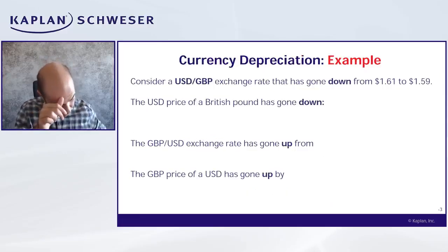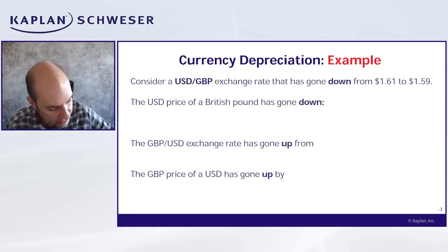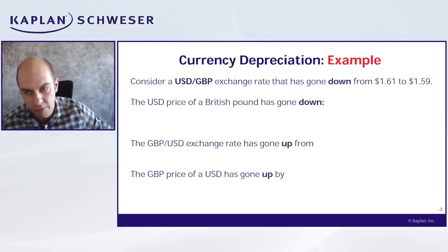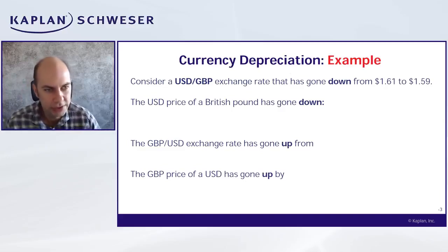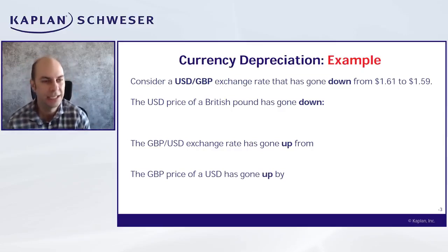Okay, now let's have a look also at HPR, the holding period return, or how we're going to calculate the movement in an exchange rate. I've got USD per GBP, and that exchange rate has gone down from $1.61 to $1.59.